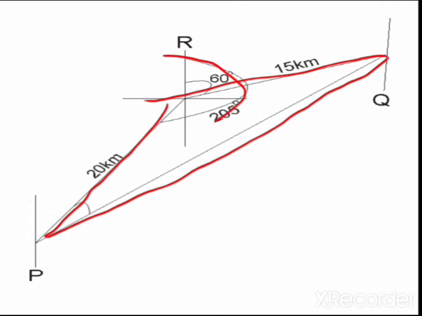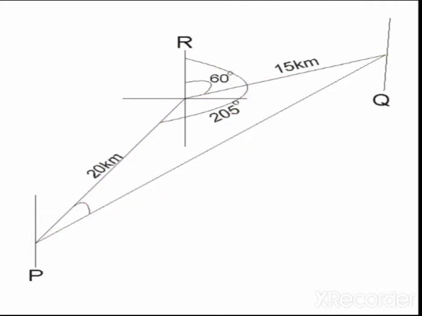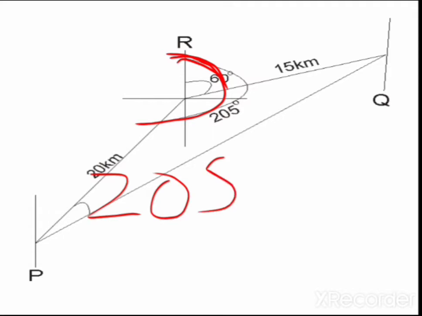If that entire angle is 205 degrees, from here down to here, and we cut off this part that is not part of the triangle, and that part is 60 degrees, what will be the remaining angle inside the triangle? The total angle, 205, minus the 60 degrees.